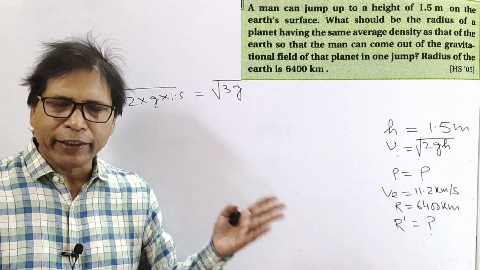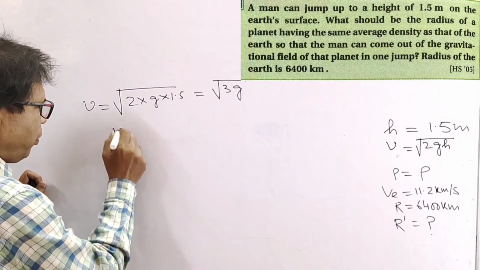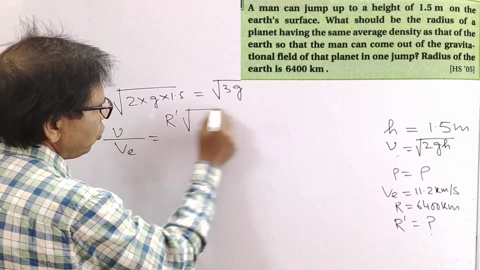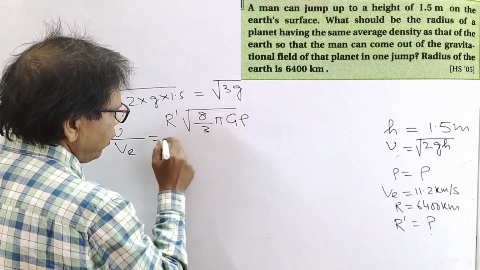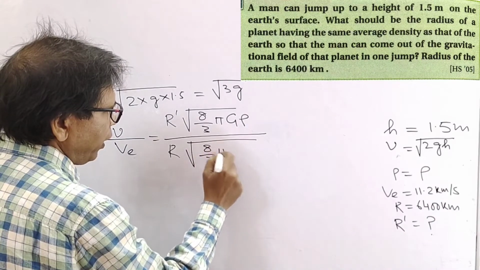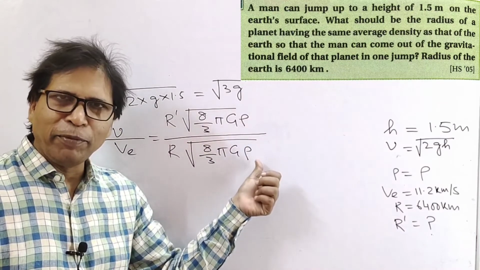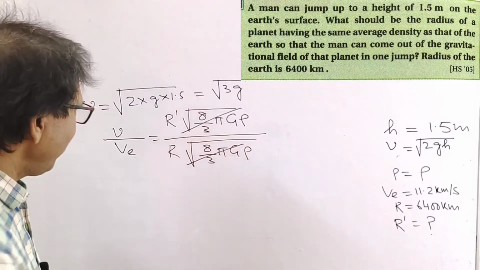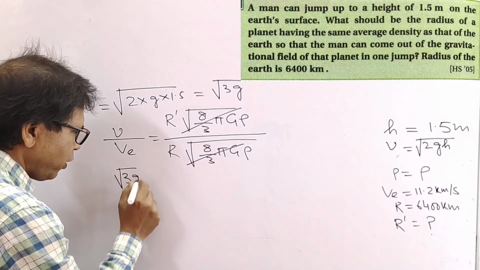Now if we compare the escape velocity of this planet and Earth, so look at this. This is v by ve, so this is r dash into root over 8 by 3 pi G rho, divided by r into root over 8 by 3 pi G rho. The mean density of this planet is the same as mean density of the Earth, so this term cancels out. Now here v equals root over 3 into g.